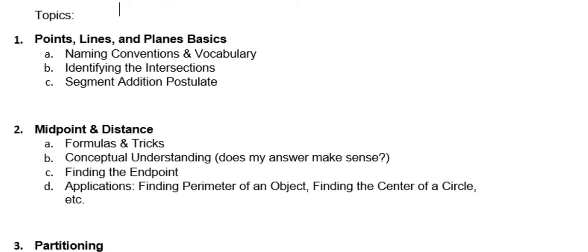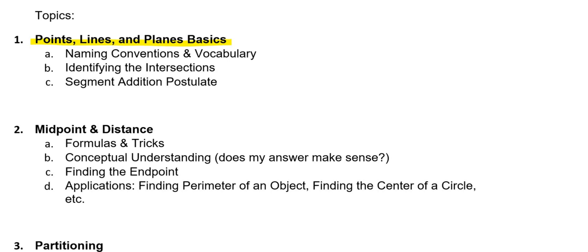First topic that I want to talk about is just the generic basics: points, lines, and planes basics. In this topic, you have to know how to properly name them, so naming conventions and vocabulary. You need to know the difference between a line and a line segment, or a line and a ray, or a plane and a point.